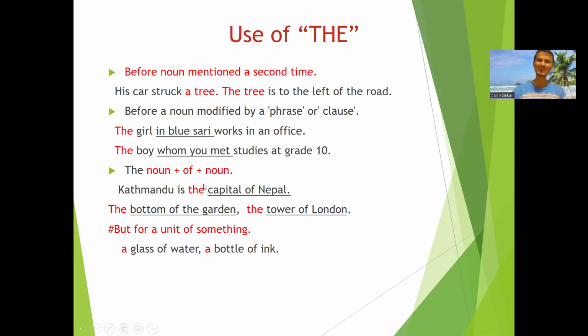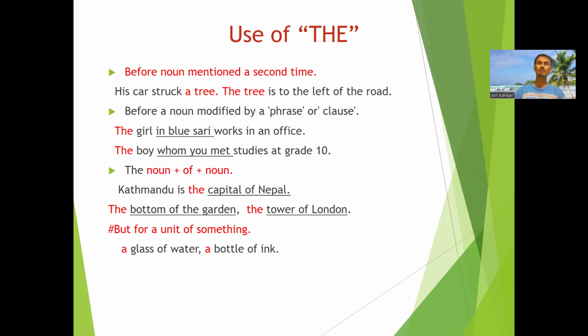And we are using the here. Noun of noun, in that situation. Remember this point. Similarly, the bottom of the garden. Bottom is one noun and garden is another noun. The Tower of London. Tower is one noun, and London is joined by of.